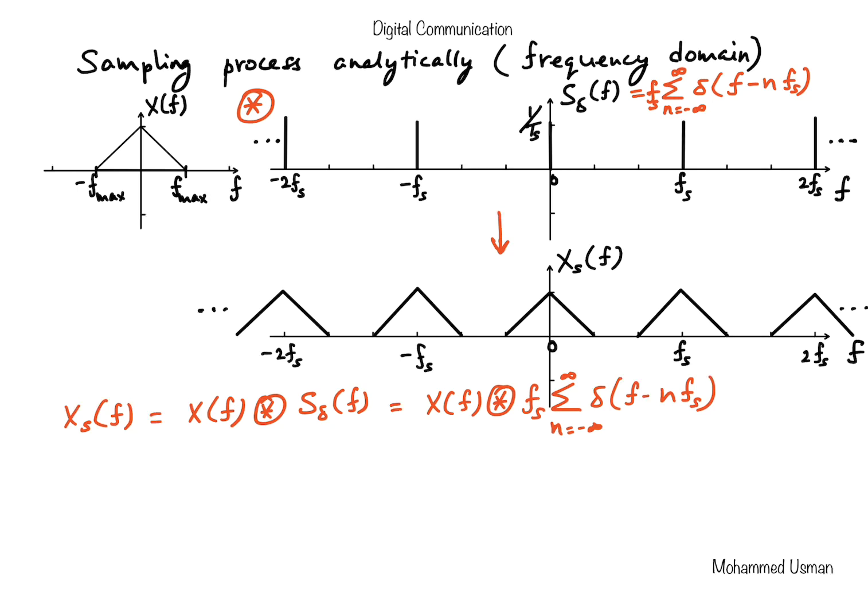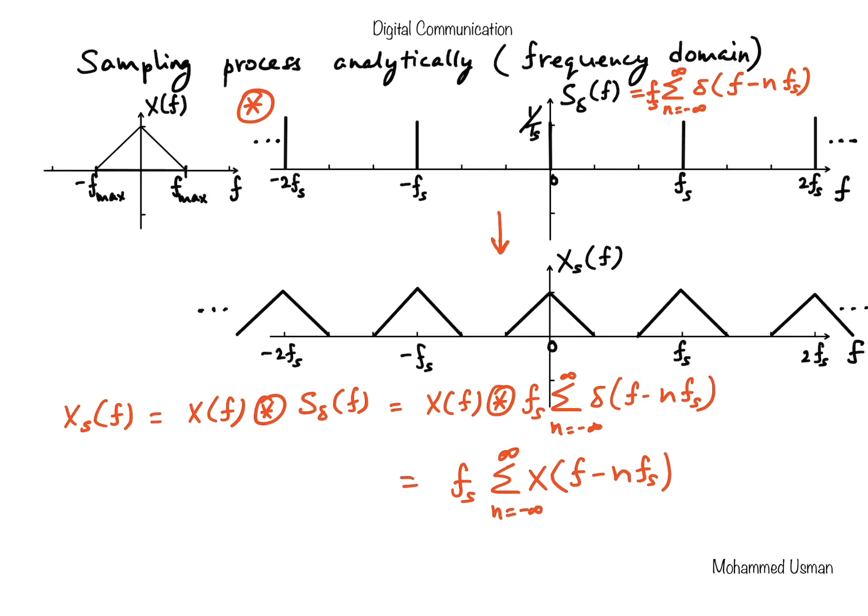So that is the analytical representation of the sampled signal's spectrum, and we could simplify that as simply fs times summation of x of f minus n fs, where n goes from minus infinity to plus infinity.